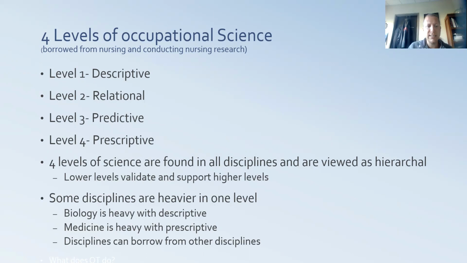And so you can't really see it, it's in white. It says, what does OT do? And that's what we're going to focus on. I'm going to show you where we're at in our profession with occupational science within these 4 different levels, and try and get you a better understanding of what they look like for us.